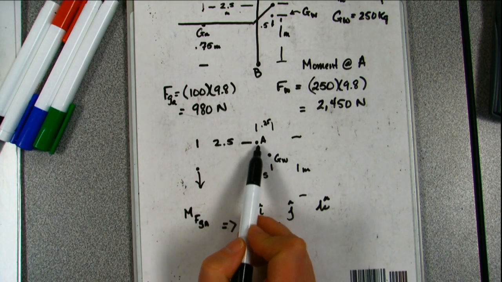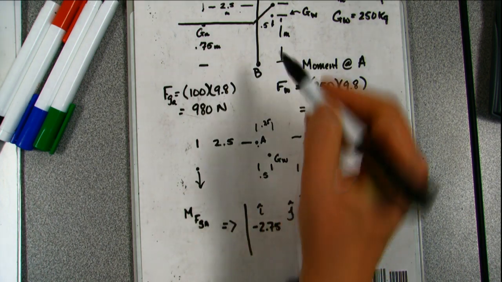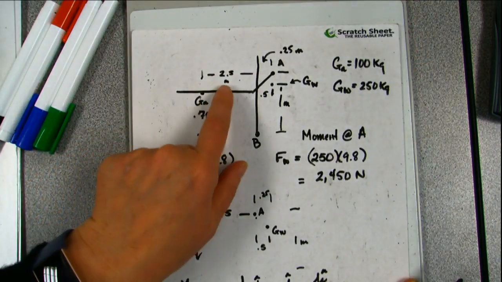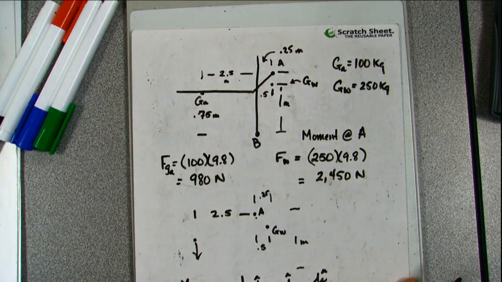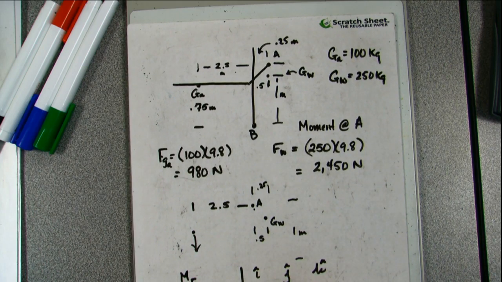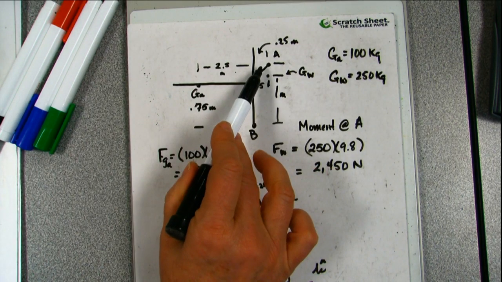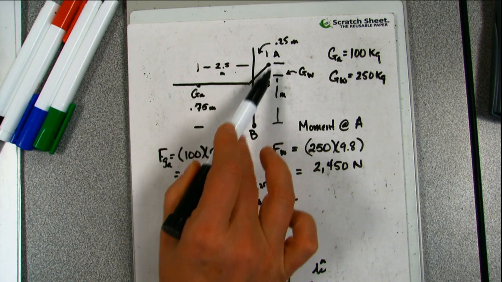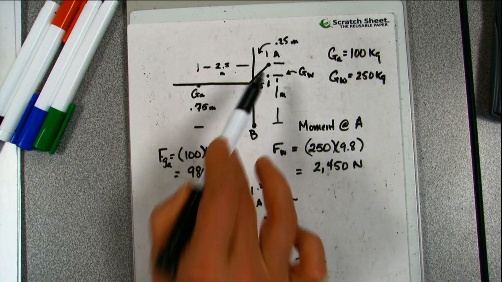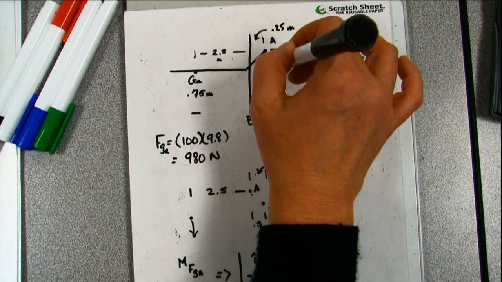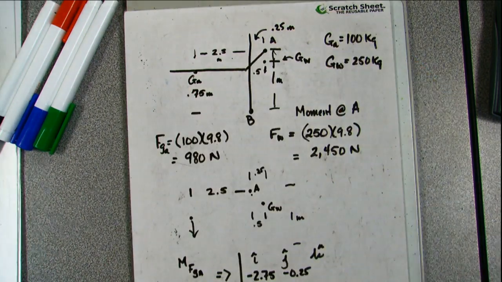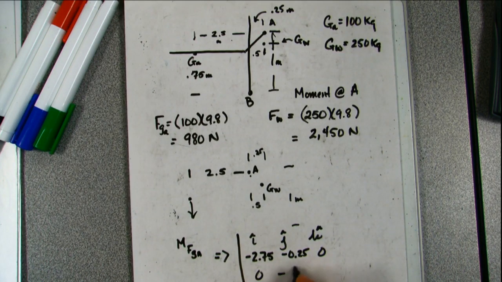So it's negative 2.75, this part right here. I didn't draw it right down here. That's negative 2.75 from there. Minus 0.25 from here to here, my down part, because this is 0.75, this is 1 meter to there. Difference between the two is 0.25, and it's 0 in the K. And then I've got negative 980 in that direction.